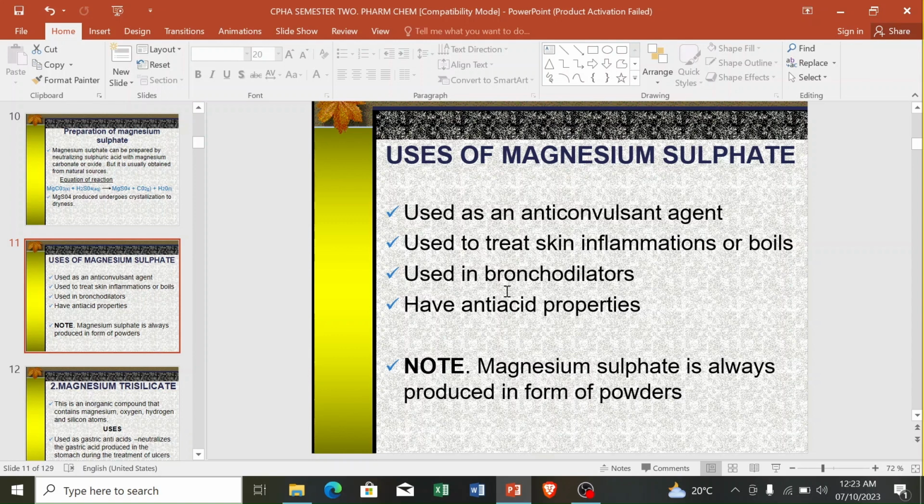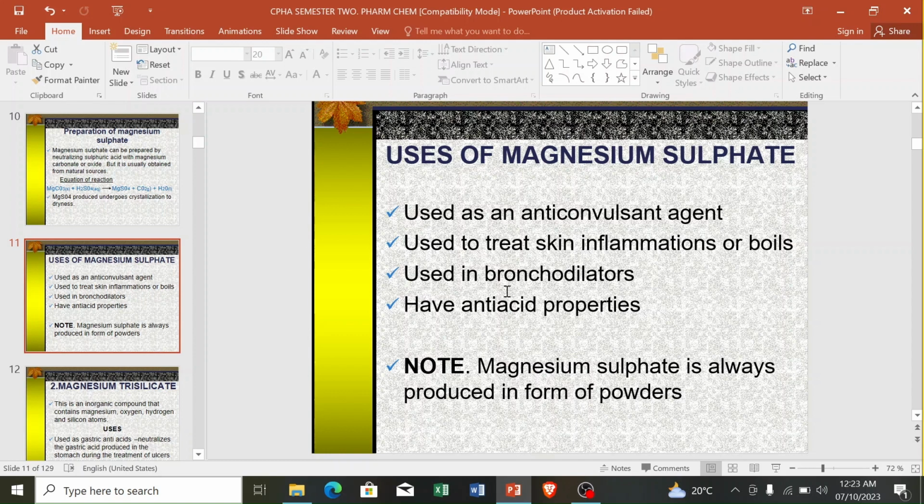For example, in cases of asthma, the bronchi in the lungs are constricted. So for us to manage it, we give them bronchodilators that enable them to dilate. We also have other conditions apart from asthma that bring about bronchial constriction, so we look at making it dilated.